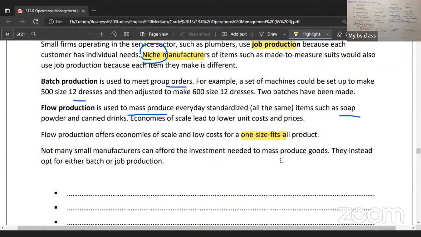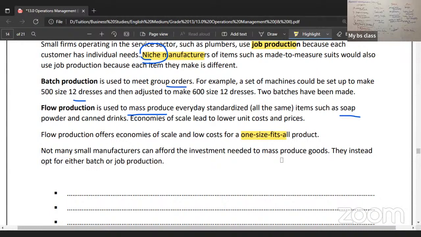Just one thing, right? You got the one size fits all maybe there. Or an Atlas pen, the model of Atlas shooty pen, was selling at like 10 rupees, I don't know the price at this moment, right? So then it's the one size fits all, which is a flow production.